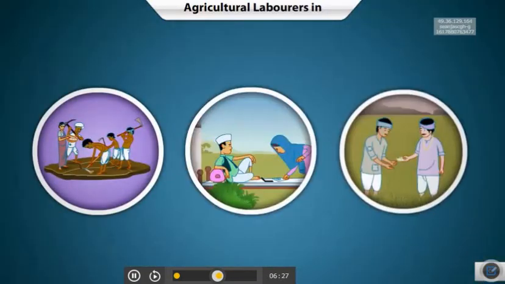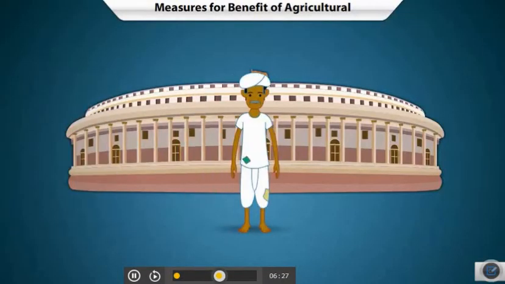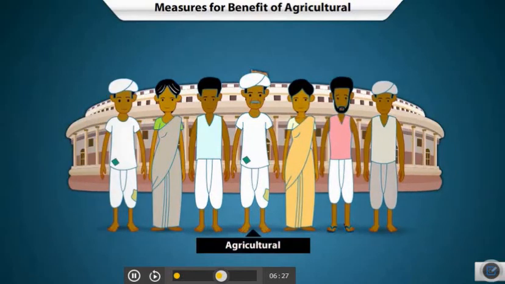So now, can you think of any solutions to relieve Sarju and his fellow agricultural laborers from their troubles? The Indian government has introduced several measures post-independence to help agricultural workers such as Sarju.